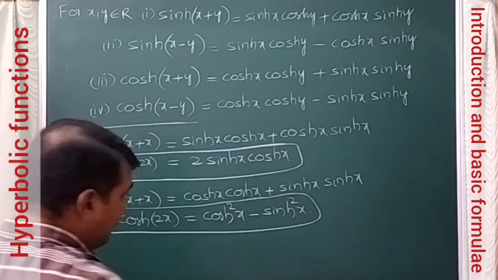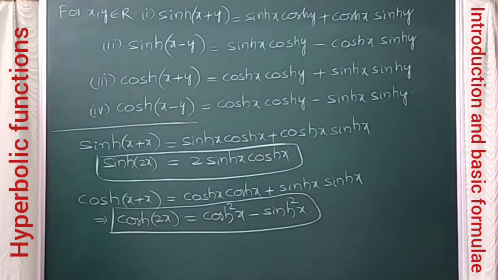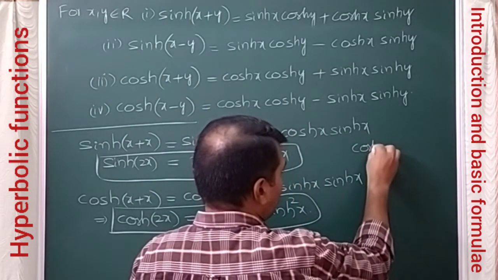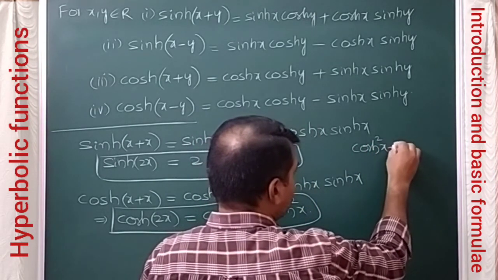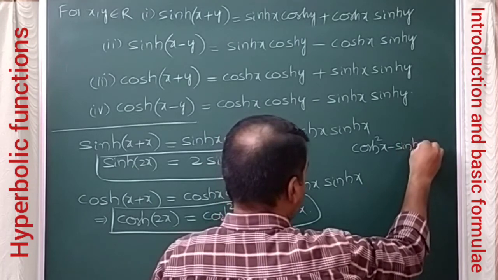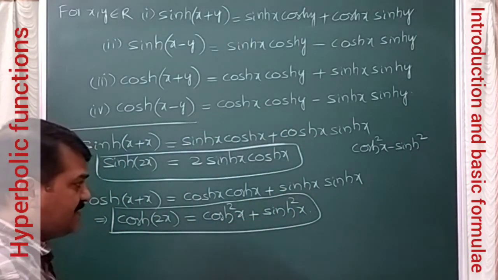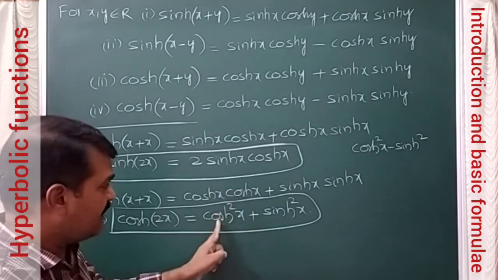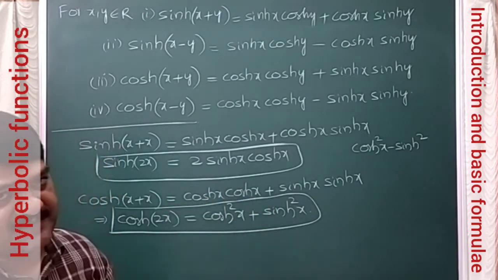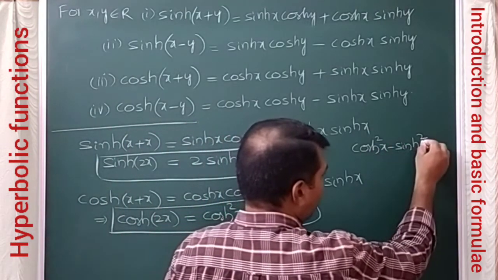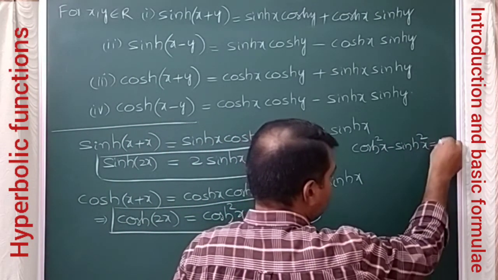Now, if I use identities here, we know that cosh square x minus sinh square x. Just a minute, it is plus not minus: cosh square x plus sinh square x. Okay, so we know that cosh square x minus sinh square x is equal to 1.